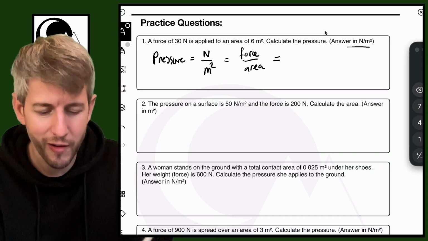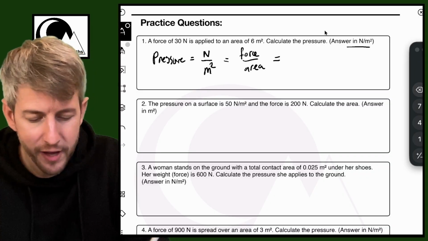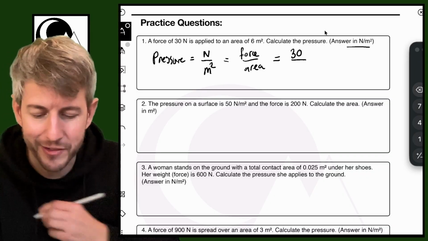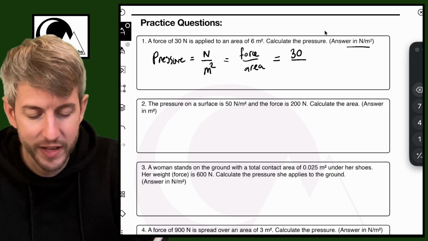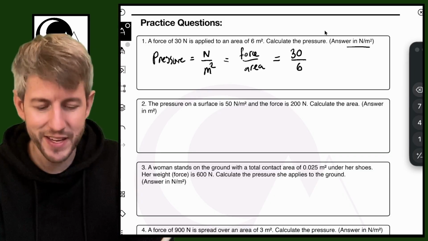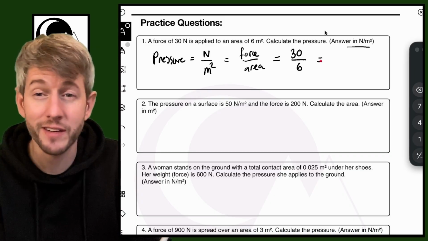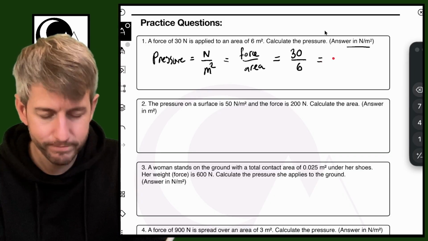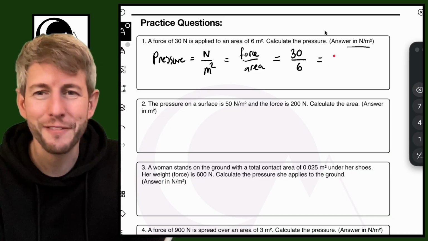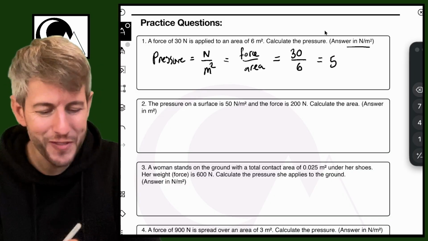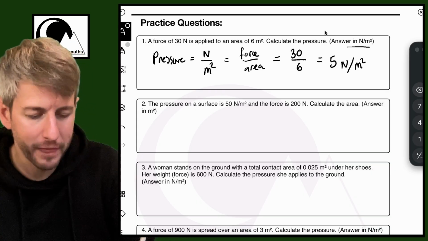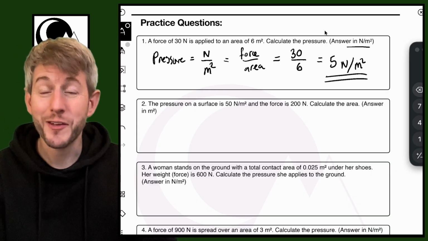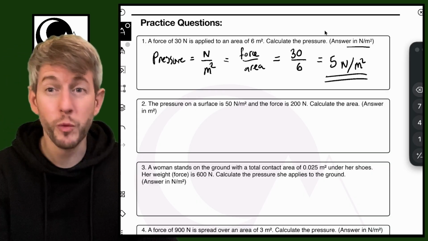The force is 30 newtons and the area is 6 meters squared, so it's 30 over 6. 30 divided by 6 is 5. So the answer would be 5 newtons per meter squared. That would be our answer for question 1.